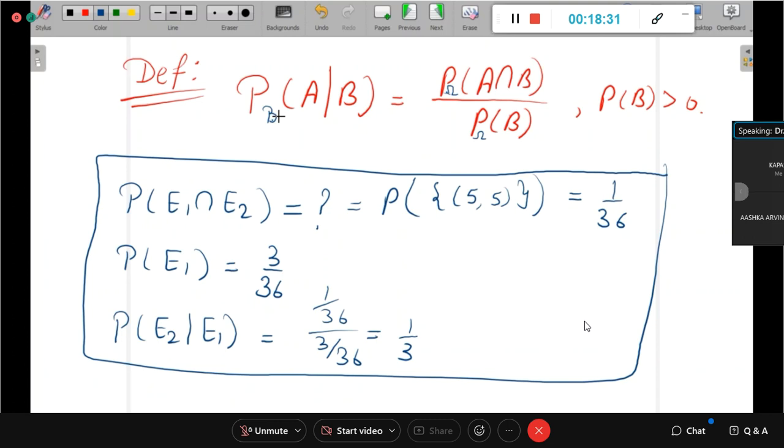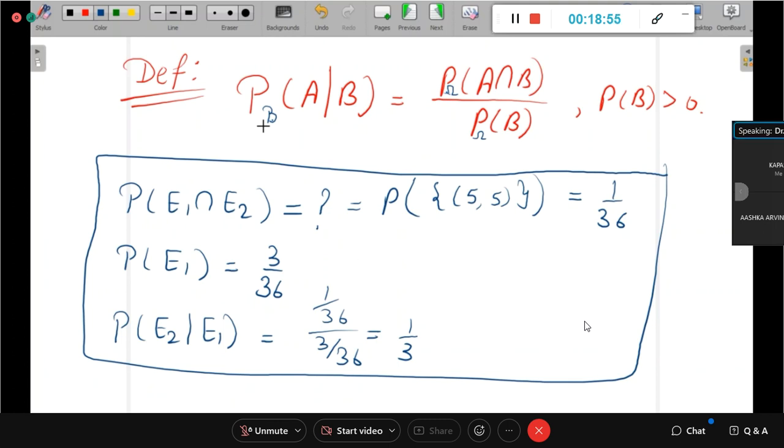But this side is defined depending on the new sample space, that is B. The exercise for you is to verify that it satisfies all 3 axioms of the axiomatic approach that the probability satisfies with respect to omega.